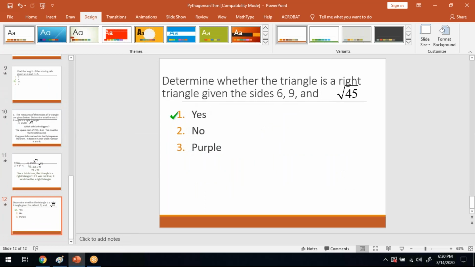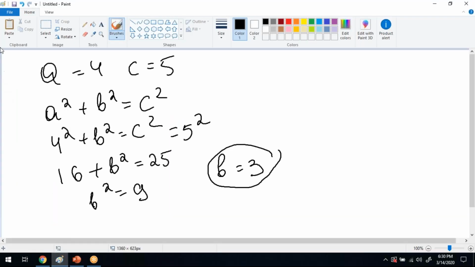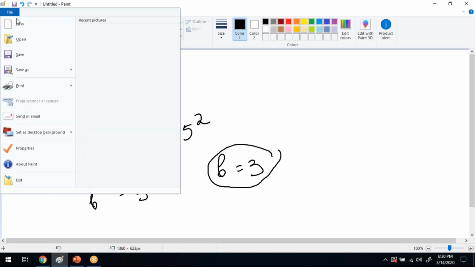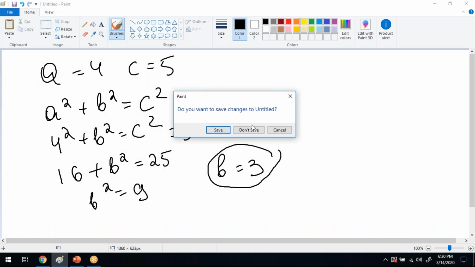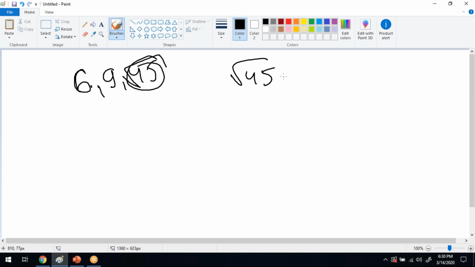Yes, so determine whether the triangle is a right triangle given the sides are 6, 9, and square root of 45. Let's find the answer. First, I have to understand what the square root of 45 is.